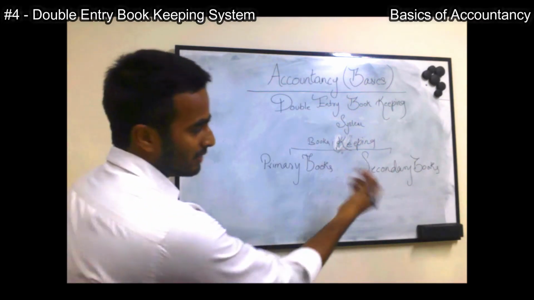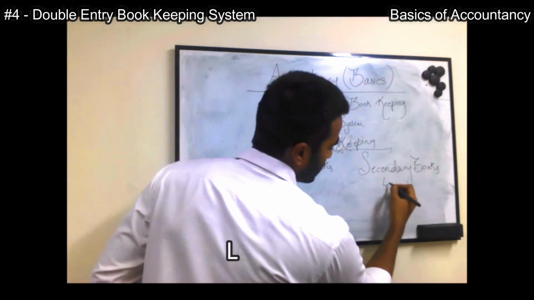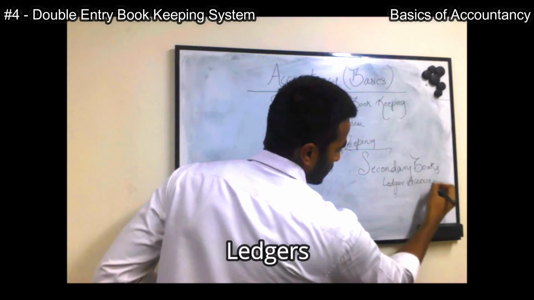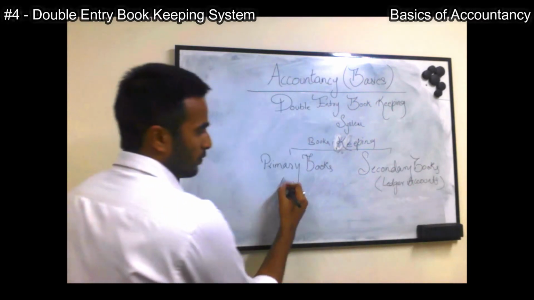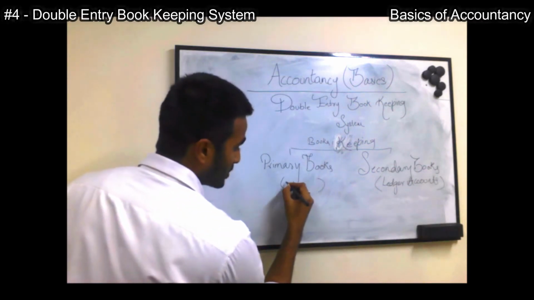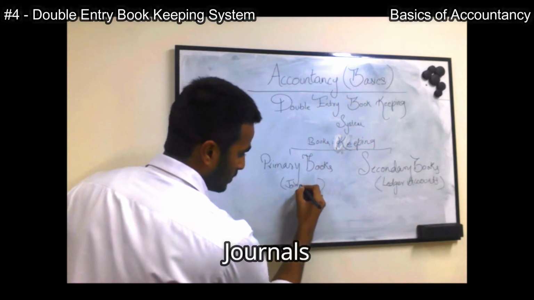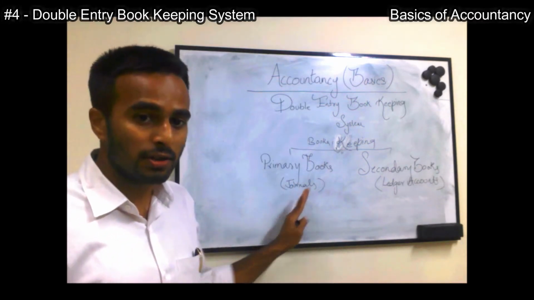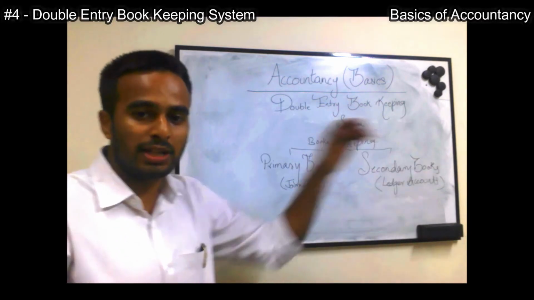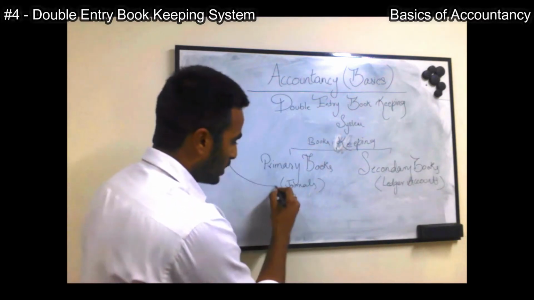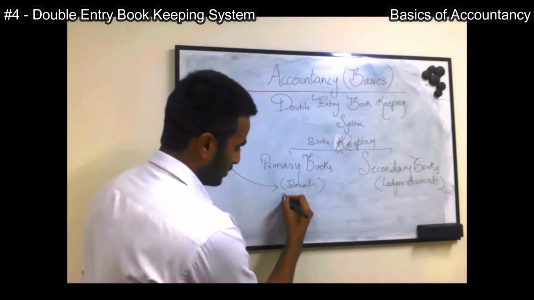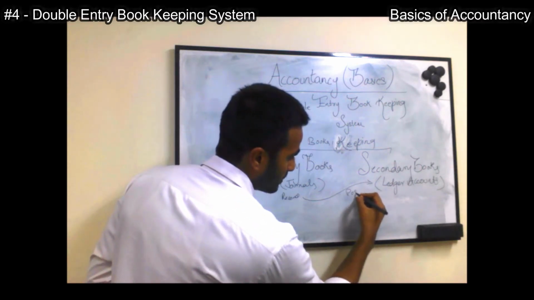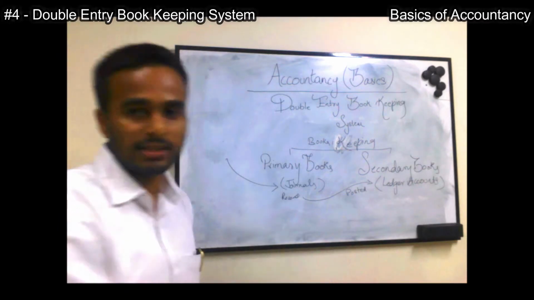First I will go with the secondary books, which are ledger accounts. Primary books are journals. From the journals, we will later record to the ledger accounts. Whatever you record here will finally be posted into the ledger accounts.